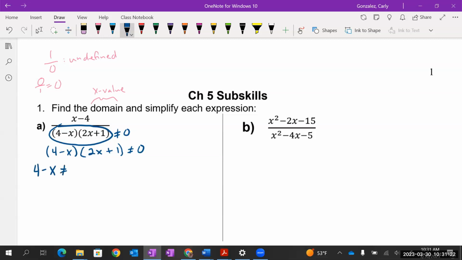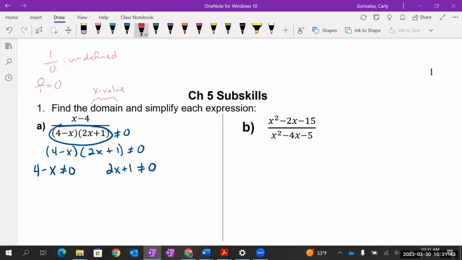So x minus 4 cannot equal 0, and 2x plus 1 cannot equal 0. Because if either of those quantities equaled 0, then the product would also equal 0. So let's go ahead and solve each of these separately, as if they were equations.